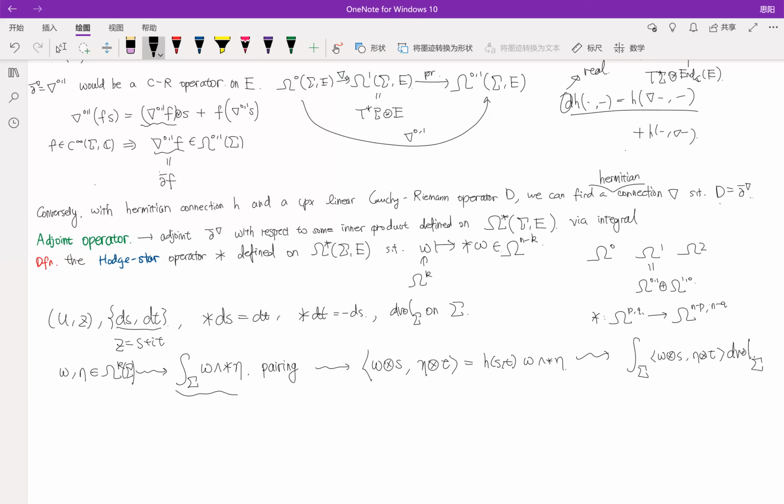Notice that for a different choice of the Hermitian structure, the volume form will be different.